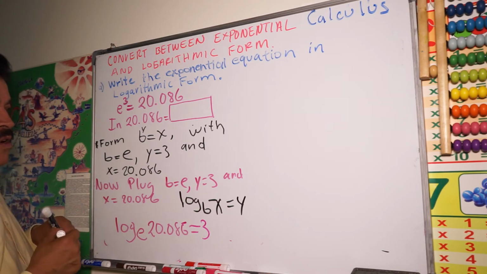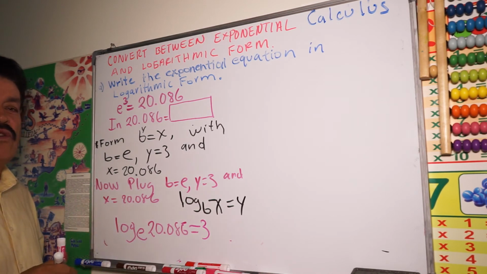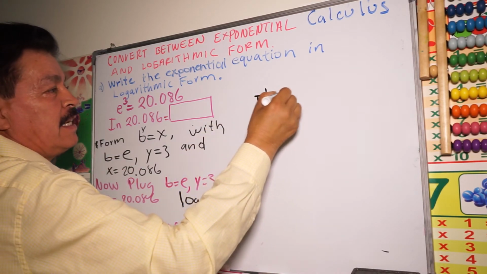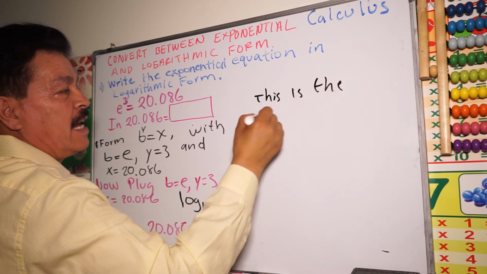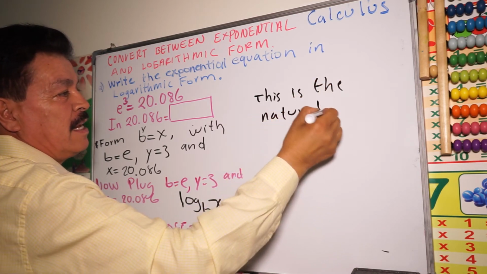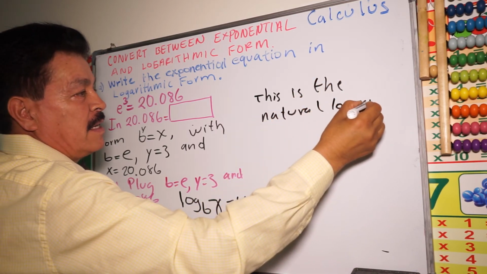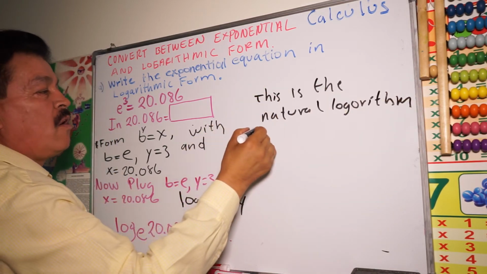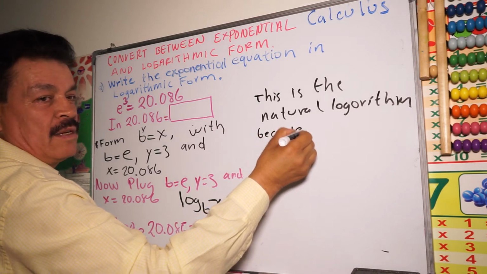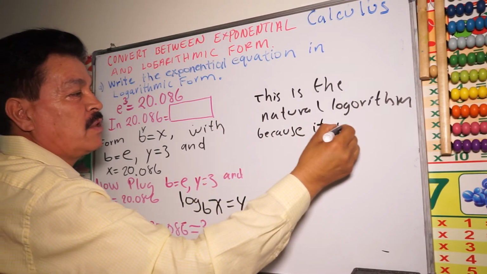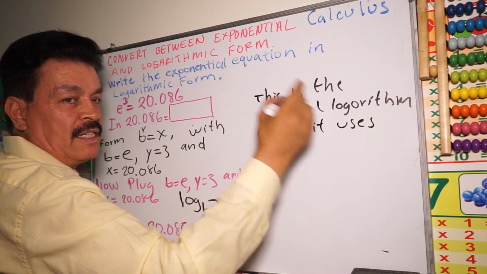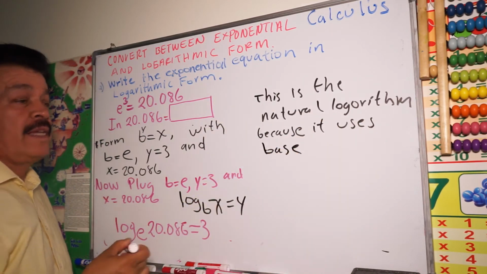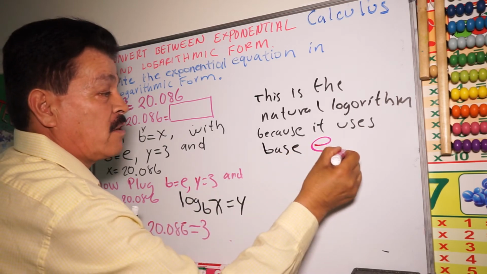That's it. So in conclusion, this is the natural logarithm, because it uses base e.